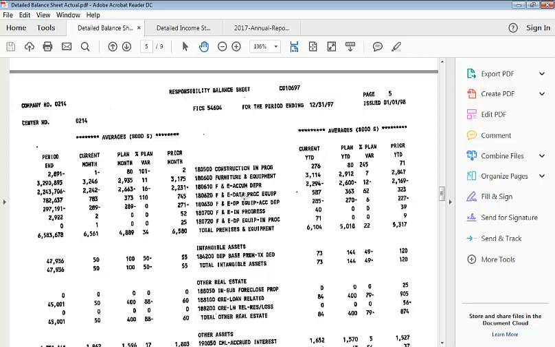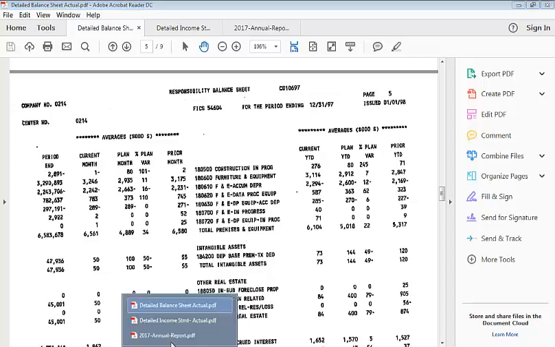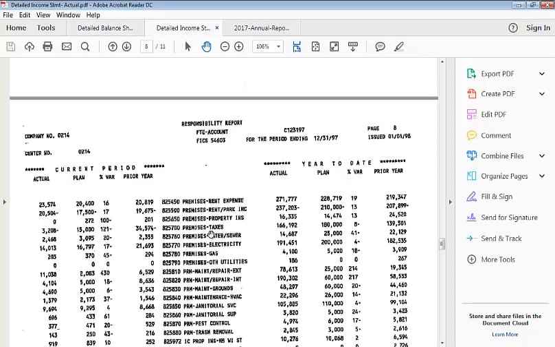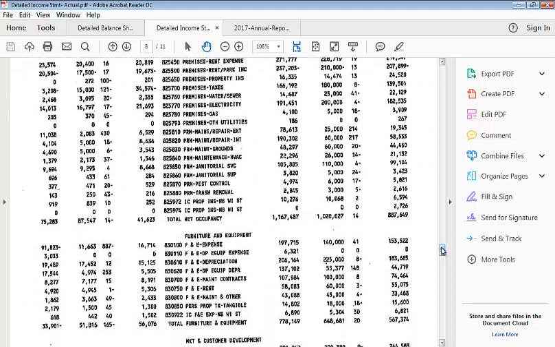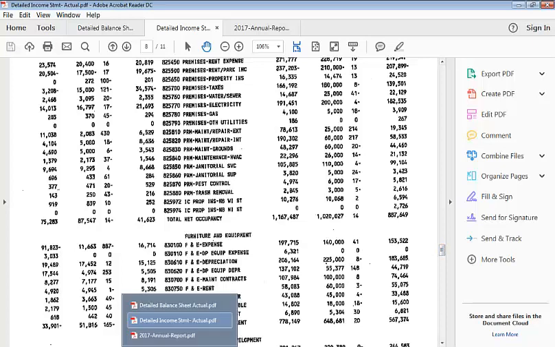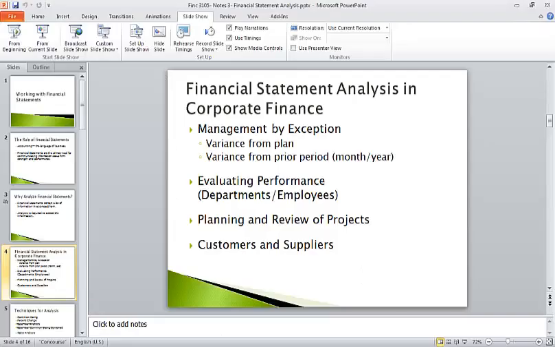And so you can do the same kind of thing with the balance sheet, but this tool is probably used a lot more focusing on the income statement, looking at controlling expenses, or even in the revenues section, you can see if the revenues are where you had budgeted them or what areas you're doing better in or worse in. So anyway, that should give you a little bit of an idea of how management by exception works.